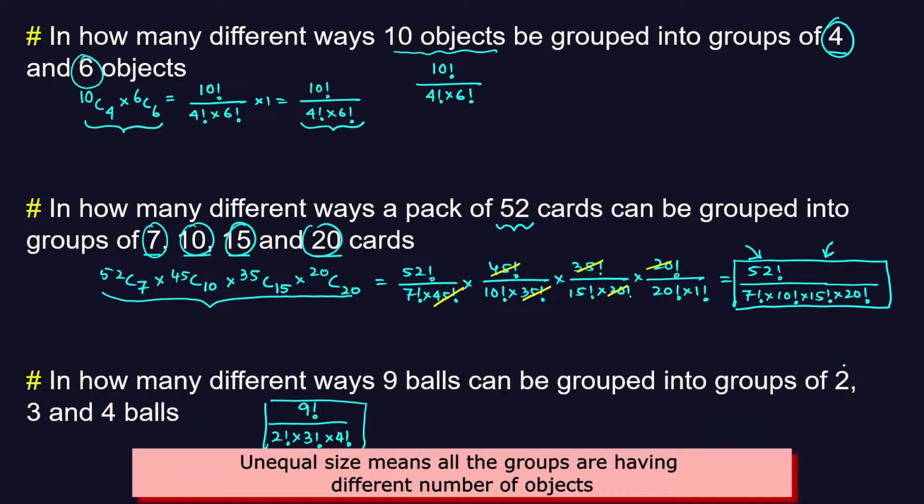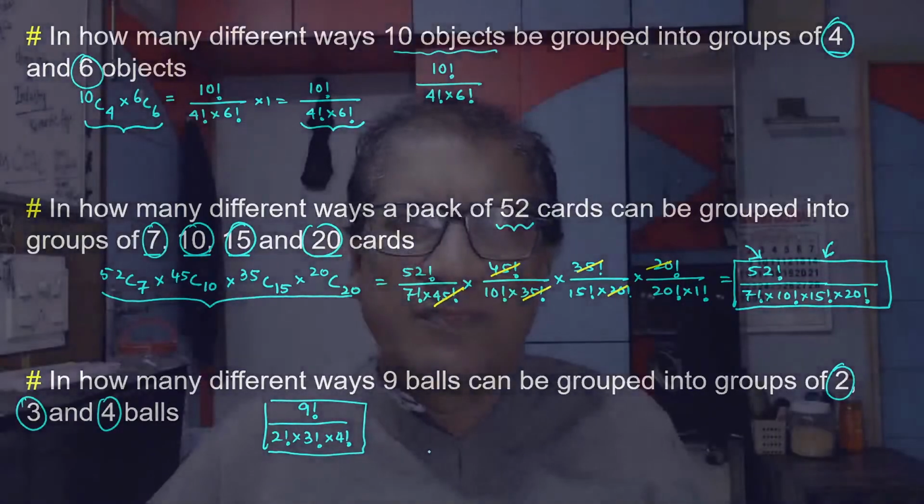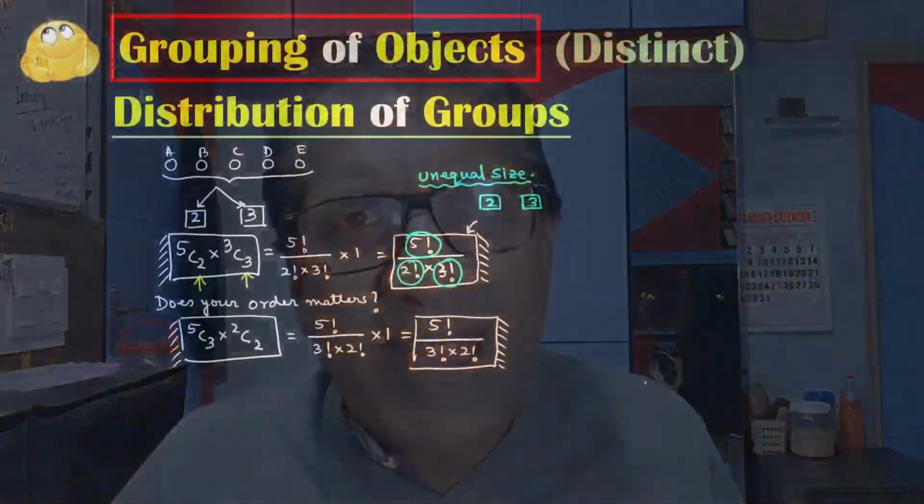In this case also the groups of 2, 3 and 4 are of unequal size. Is this clear? So far whatever we have discussed, we have made some considerations: number 1, all balls are distinct, and number 2, whatever groups are formed, they are of unequal size. These 2 things we have considered while doing the problems that we have discussed so far.